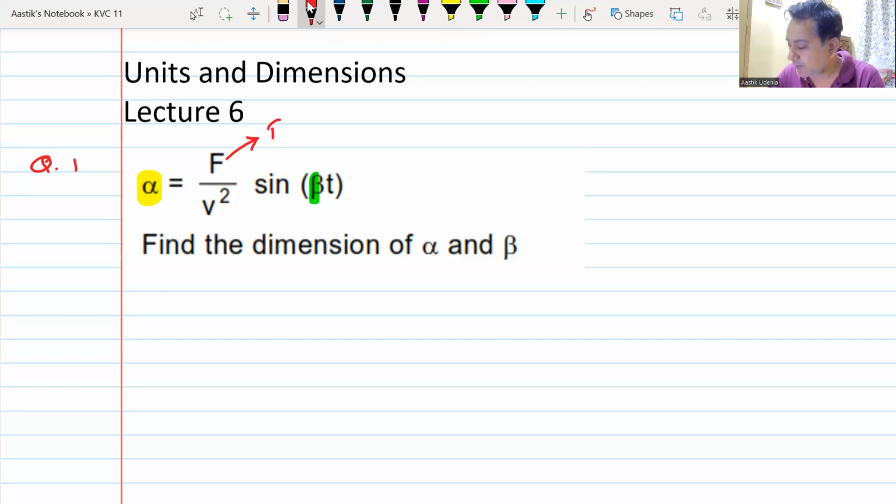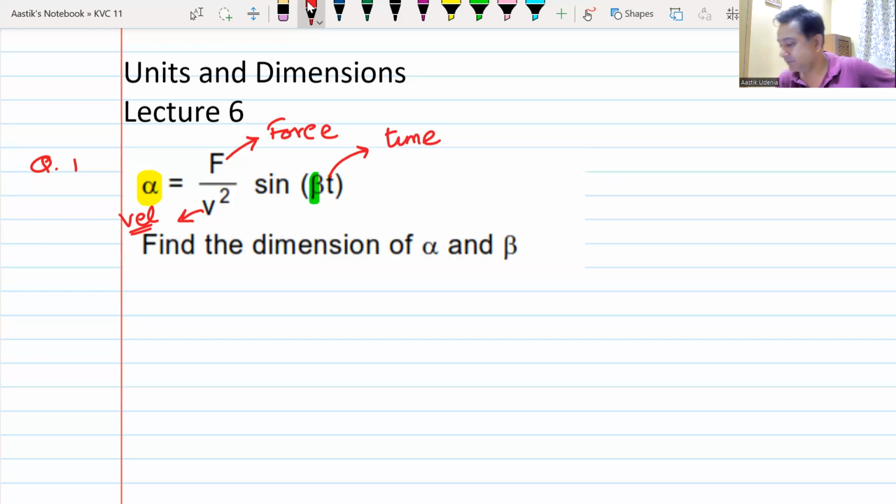Okay. F here is going to be force. V here is going to be velocity. And T here is going to be time. F is force, V is velocity, and T is time.